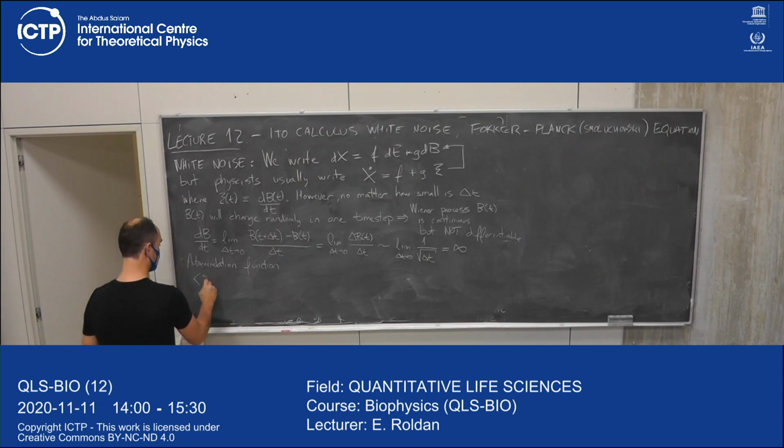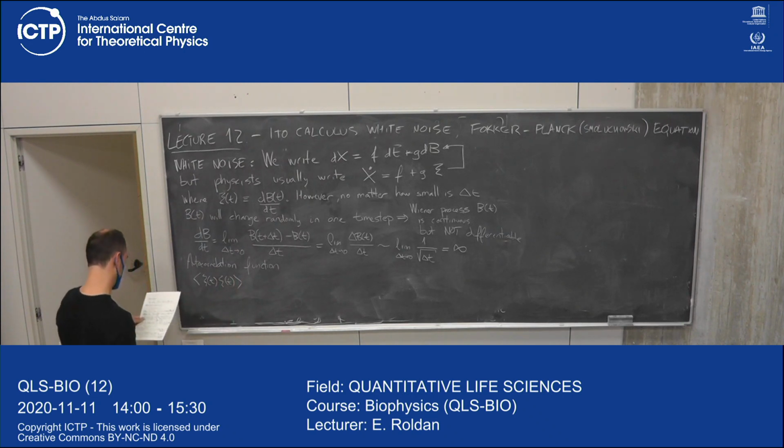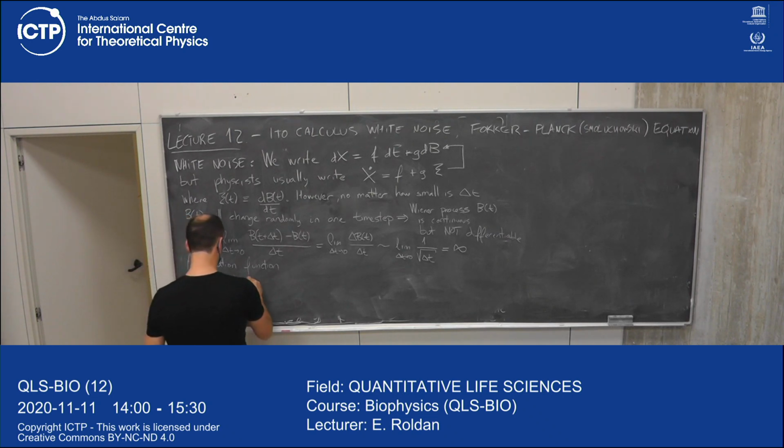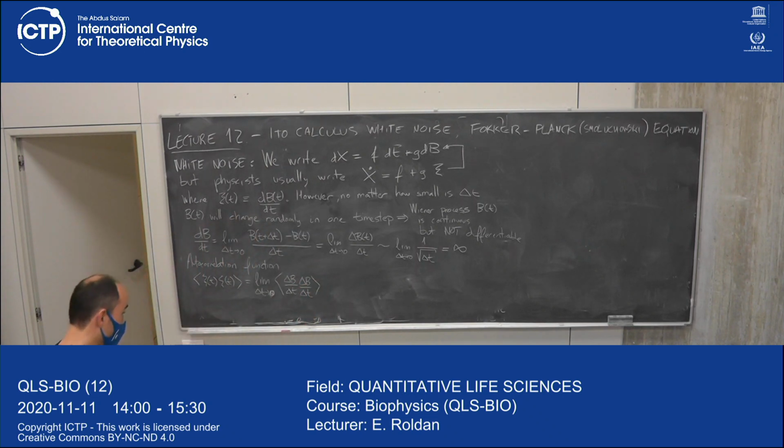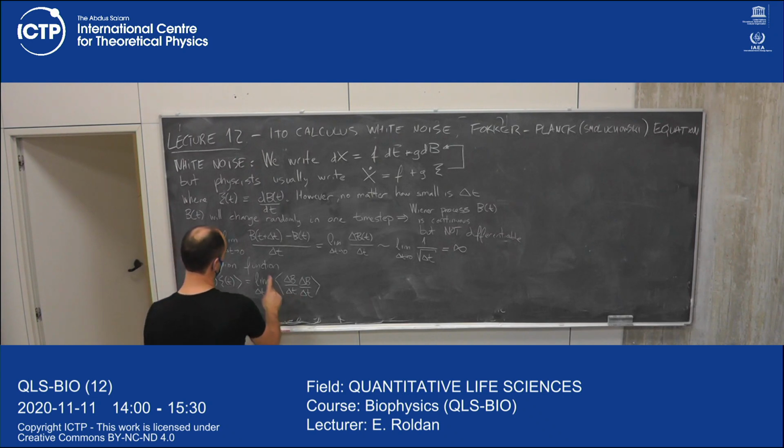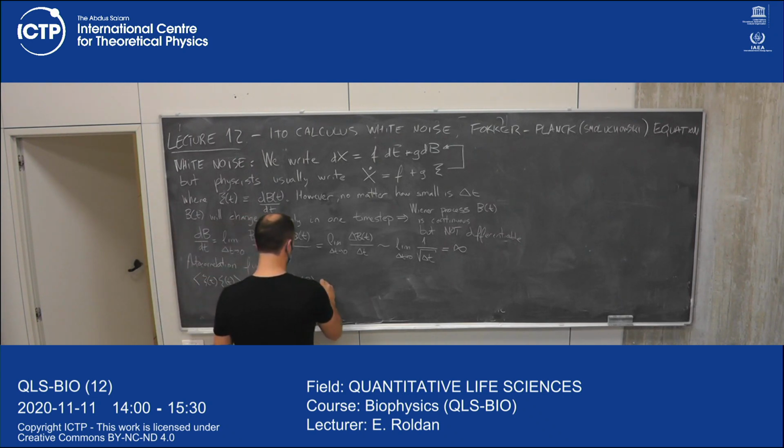what is psi t times psi t? This, as I said, both are delta B divided by delta t. So this is the limit when delta t goes to 0 of delta B divided by delta t times delta B divided by delta t. So delta t is not stochastic, so then you can take it out.